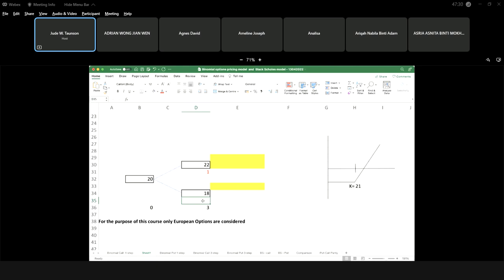So are we making profit or loss? The stock price is 18, the strike price is 21. So are we making a loss? Or how much is the loss? How do you get 3? Okay, in this case, the answer will be 0.